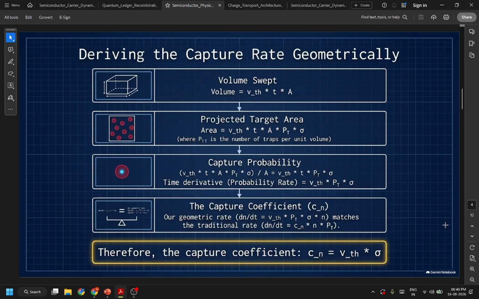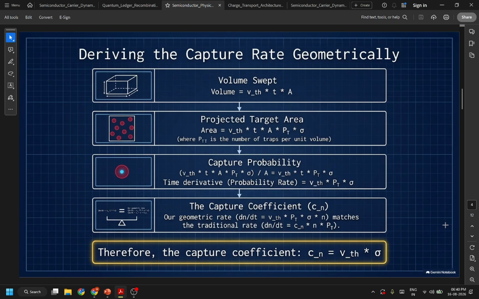And so then we calculate capture probability, which is the projected target area divided by total area, which is Vth into t into Pt into sigma. And then we can get the time derivative, which gives us the probability rate, which is Vth into Pt into sigma. And from there we can calculate the capture coefficient Cn.